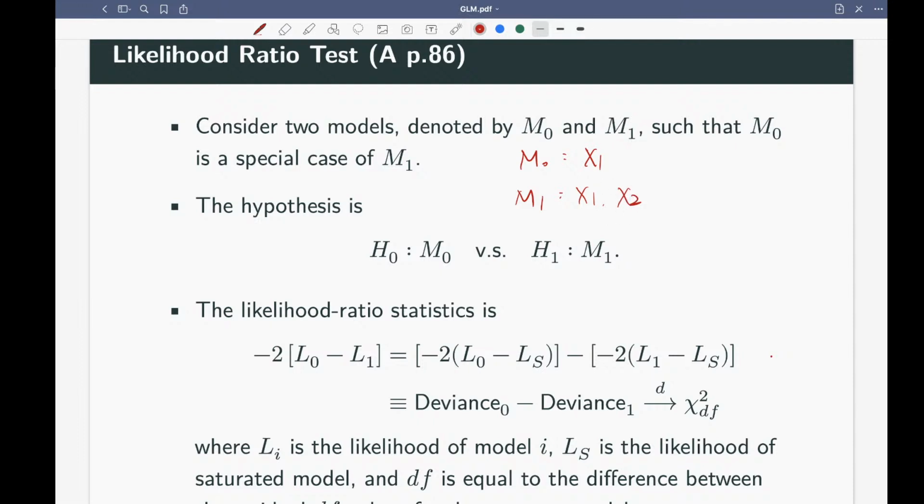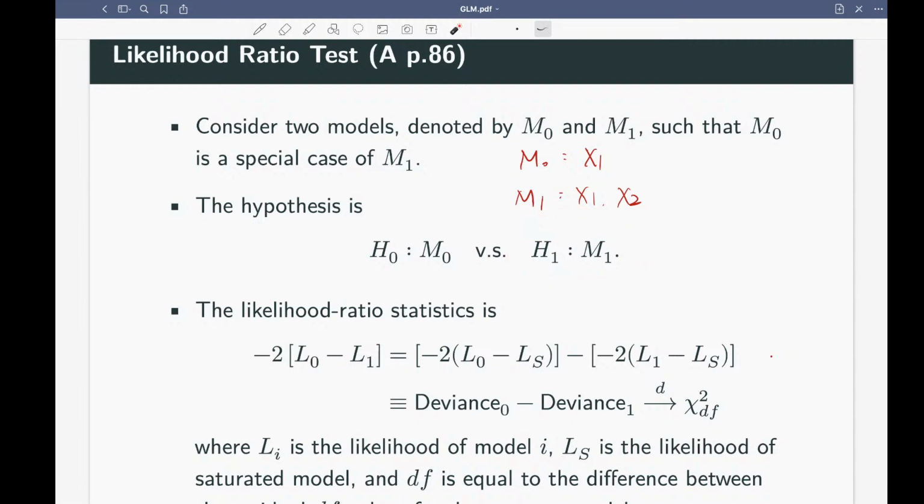So M0 only uses one regressor, and we can say M0 is a special case of M1. For the hypothesis test, we should write down a hypothesis. The null hypothesis is that we use model M0, and the alternative hypothesis is that we use model M1.